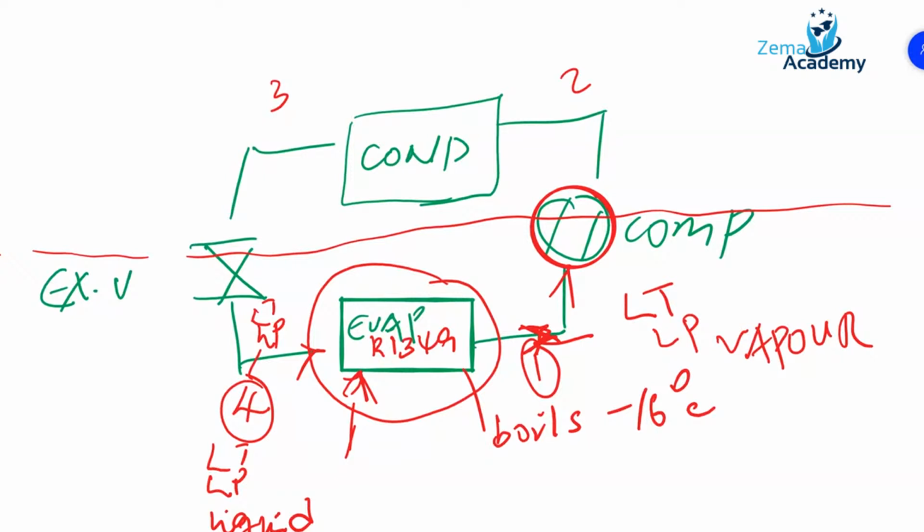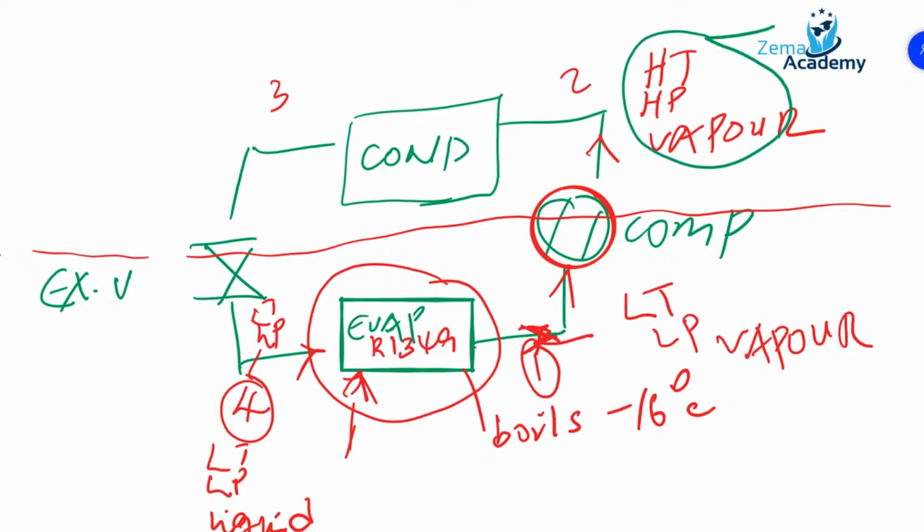The benefit of a vapor or a gas is that by compressing it and reducing its volume, we are able to change its properties. So we use the compressor to reduce the volume of that low temperature and low pressure vapor, and when it comes out, it is a high temperature and high pressure vapor. And that is what we use for our application.